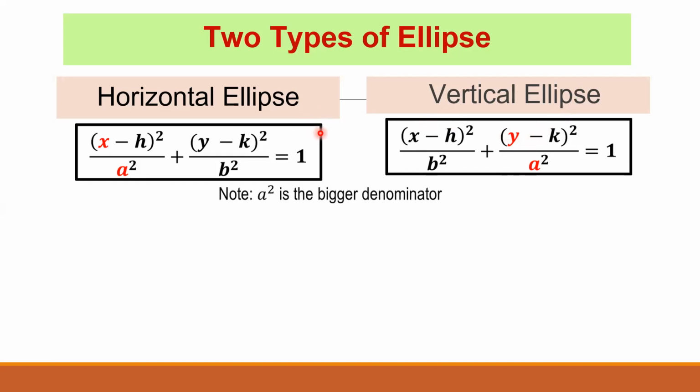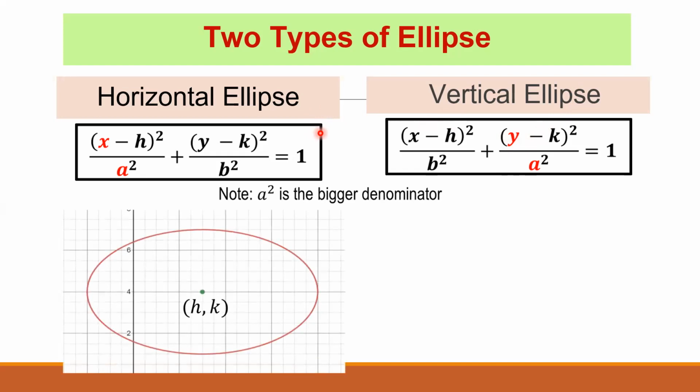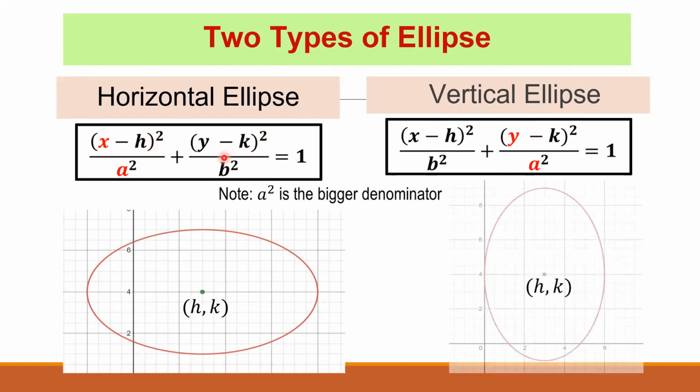Again, let us note here that A squared refers to the bigger denominator. Okay, so illustratively speaking, ito yung ating center. Again, it's HK coming from this numbers here. Tapos kapag vertical ellipse naman, still it's HK. Okay, H and K. So ito yung itsura niya.